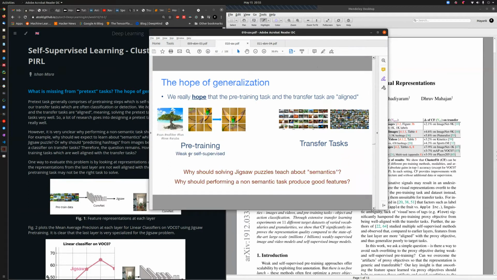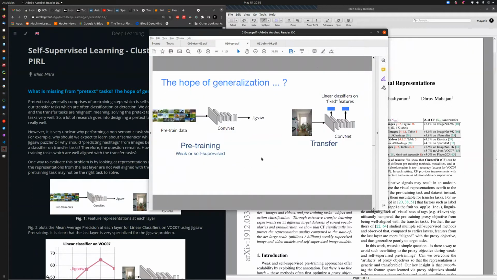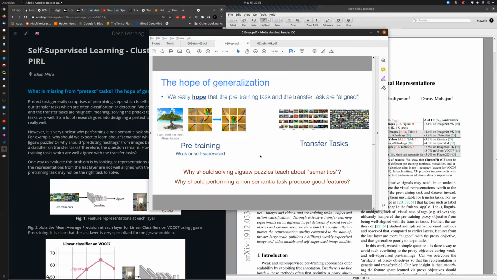So pre-training might be a kind of task with respect to the hashtags that we give on social media: sun, no filter, tree, fun. So it will relate these hashtags to the image, and this kind of pre-training, how does it help?